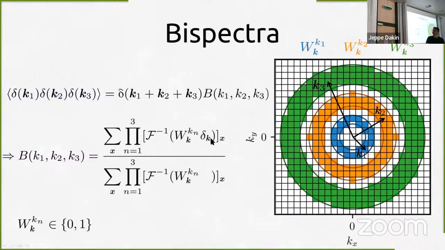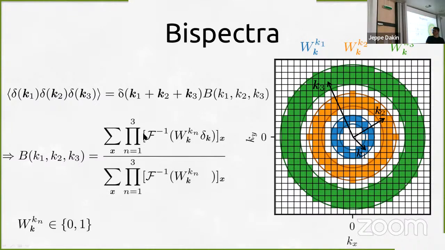Anyway, take the delta grid and multiply it by some weight, which is either 0 or 1, depending on whether it's inside the shell labeled by k_n. I colored it for the green one, for example, the third vector. W is 0 at all points except the green ones. It's a 1 here, 1 here, 1 here, and so on. So you get this weird isolated ring in Fourier space.